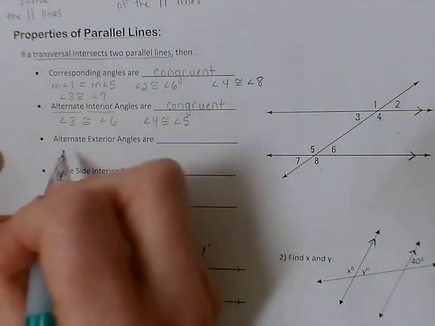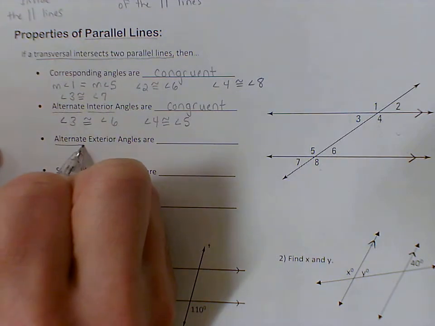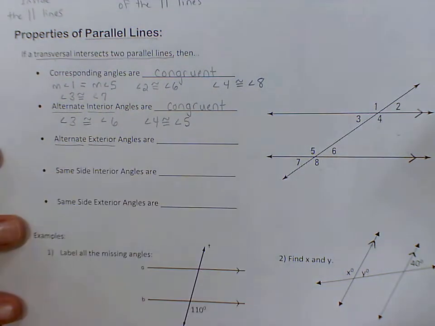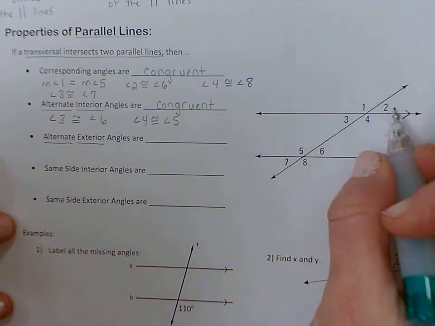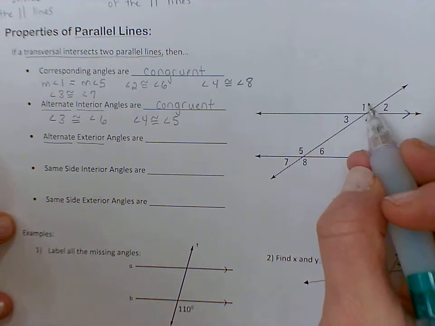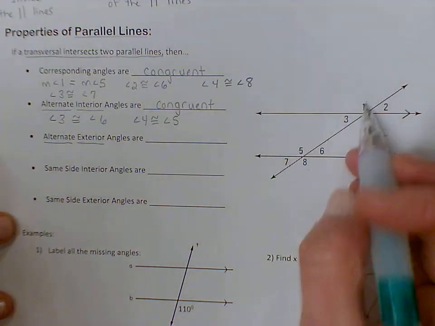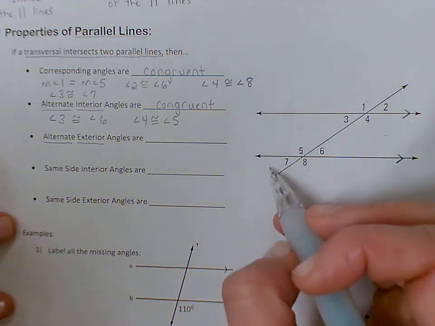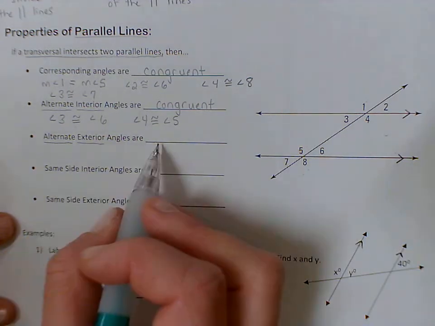Then alternate exterior angles. Well, still opposite sides of the transversal, this time outside the parallel lines. So outside the parallel lines are my 1, 2, 7, and 8. Alternate would be opposite sides. Notice 1 is on the left side and 8 is on the right side. So 1 and 8 would be alternate exterior, and then 2 and 7 would be alternate exterior. So what do you have to know about those?